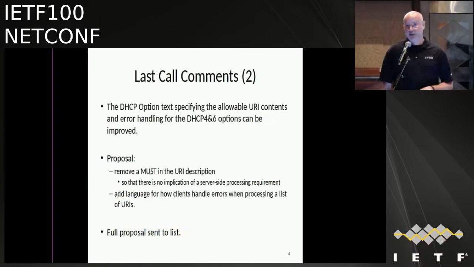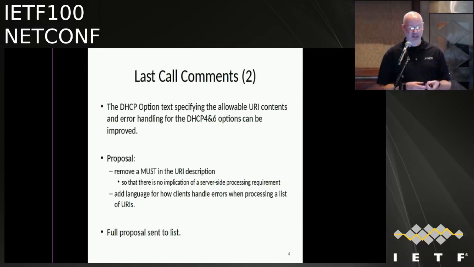Second comment, which was posted to the list, actually came from the social. On Sunday night, my co-authors and I were talking to the DHC working group chair, and it was stated that we should be very careful about the must that was in the definition of the DHCP option. The DHC option currently specifies allowable URI contents and error handling that can be improved.